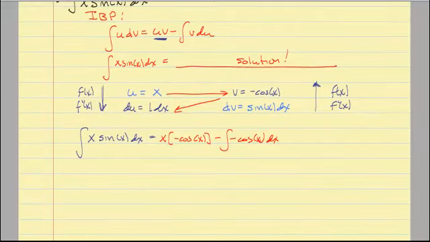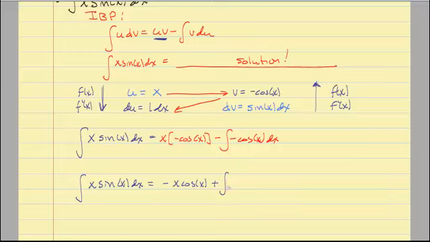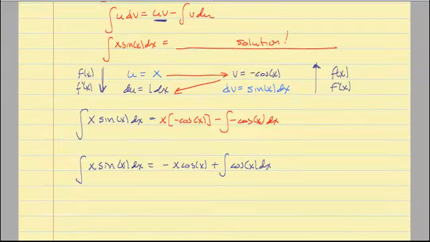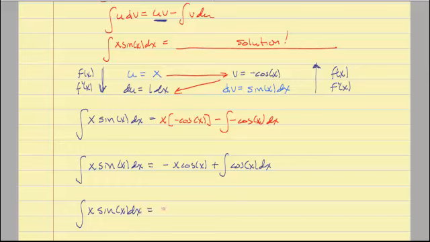Okay, so again, dragging along that left hand side, the integral of x sine of x dx is equal to negative x cosine of x plus, negative times a negative is a positive, the integral of cosine x dx. Finishing our rewrite here, the integral of x sine of x dx is equal to negative x cosine of x plus the integral of cosine.